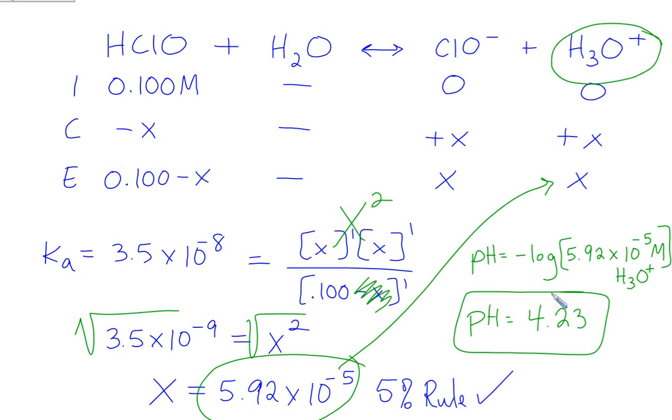For weak acids, the K values are small, so you can always use the 5% rule. Once you get X, plug it in, opposite log. X is the concentration of the hydrogen ion. There's maybe a couple extra steps in comparison to a strong acid, but weak acids will all be set up the exact same way.